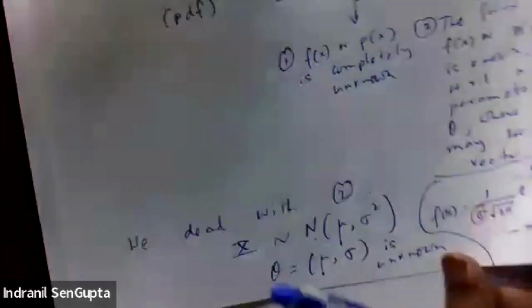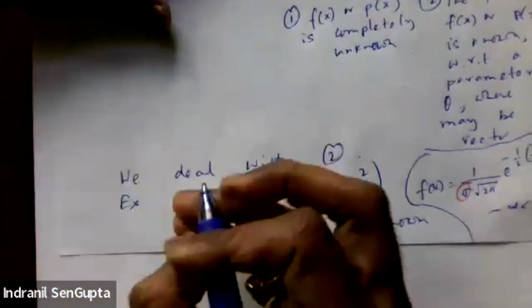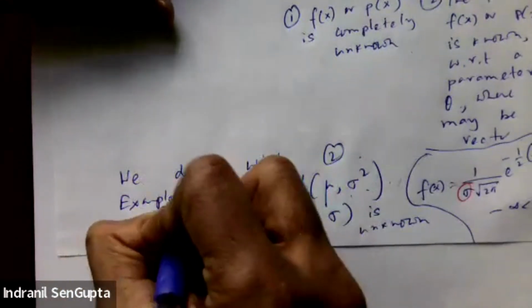Another example. This is one example. Suppose X has the exponential distribution.